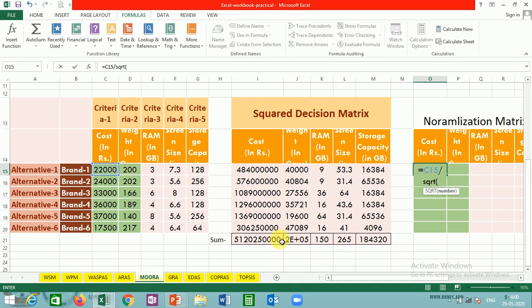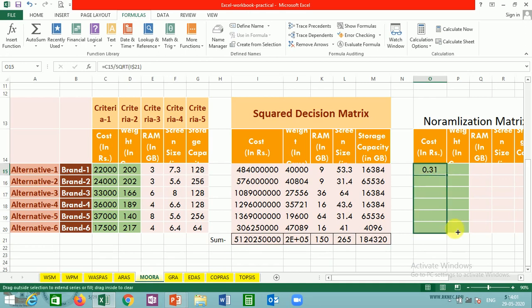So this is the summation of squares of the values. Since we are dealing with criteria 1, we need to select this. We want to drag it, so we will be freezing it. So pressing F4 two times, closing the bracket and just pressing enter. So we will be having this value.